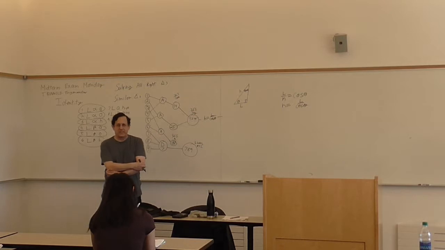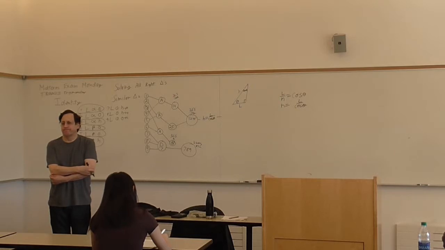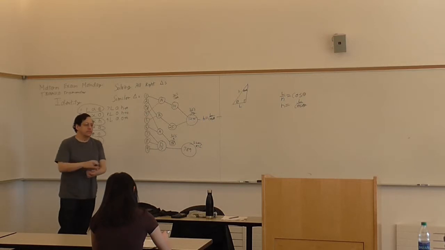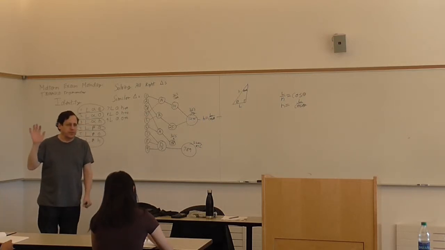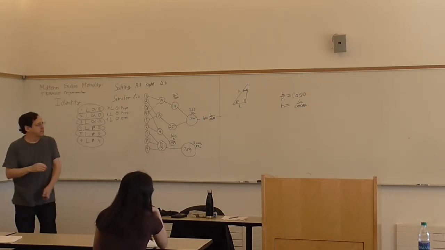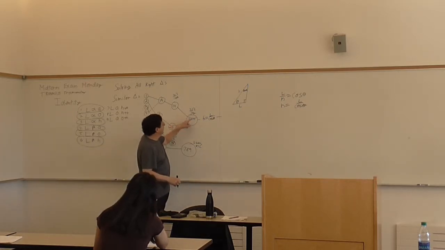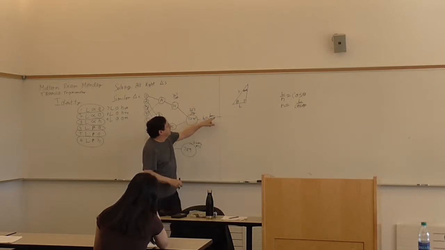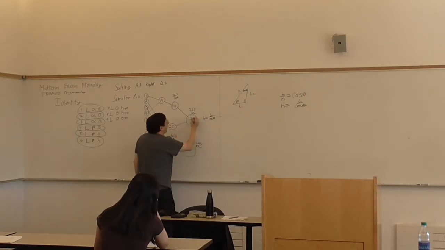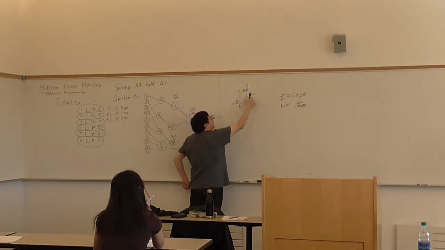If you're following me, are you following me? I've got 3 angles, I've got a leg, and now I've got the hypotenuse. I want to get this last leg here. We'll call this L1 and L2, right? I have the hypotenuse, leg 1, and I want L2.